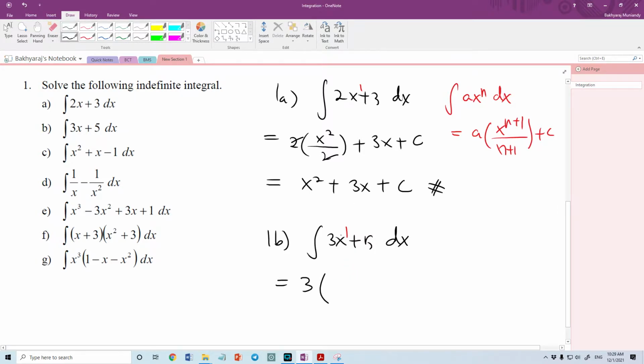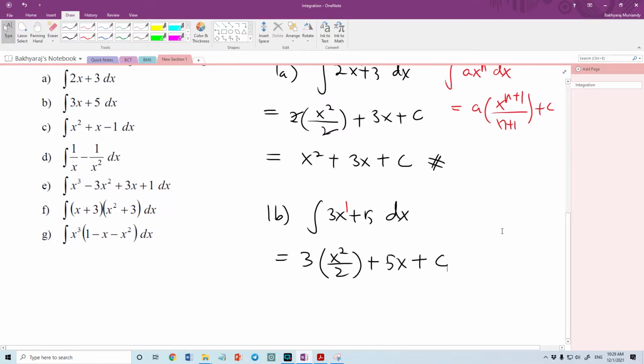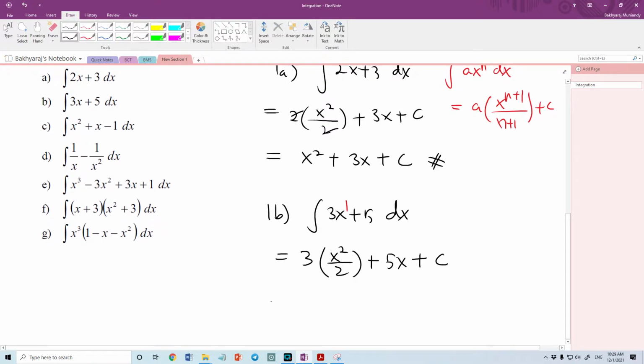And since we have 5, we add x, so 5x, and plus the constant which is c. And then I put the constant in front. Remember, this is what I really want you to practice. Keep the constant in front, so 3 over 2 x square plus 5x plus c. Okay, so this is the answer for 1b.